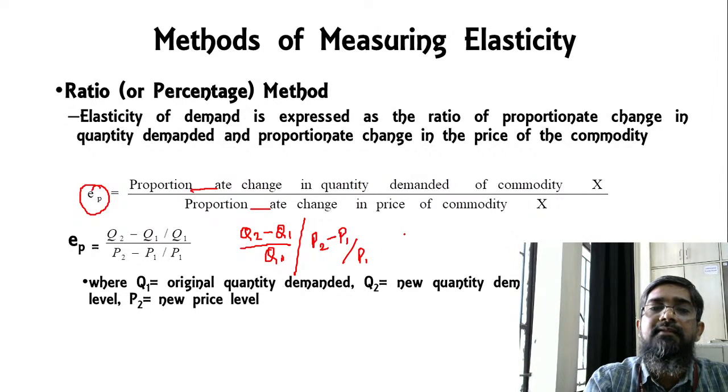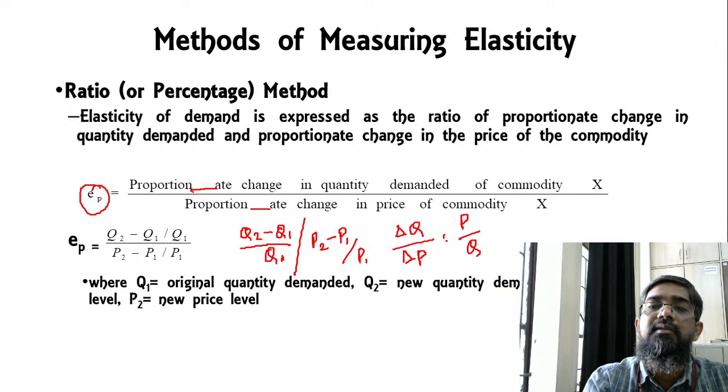We can write Q2 minus Q1 as delta Q, right? And when you rearrange this whole formula, P2 minus P1 we can write as delta P, change in P, multiplied by P upon Q. So in simplified form, this formula can be written as delta Q upon delta P multiplied by P upon Q. Okay, you will get a value for Q2, Q1, P2, P1.